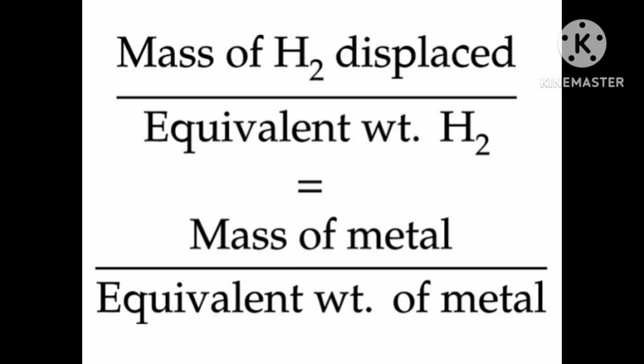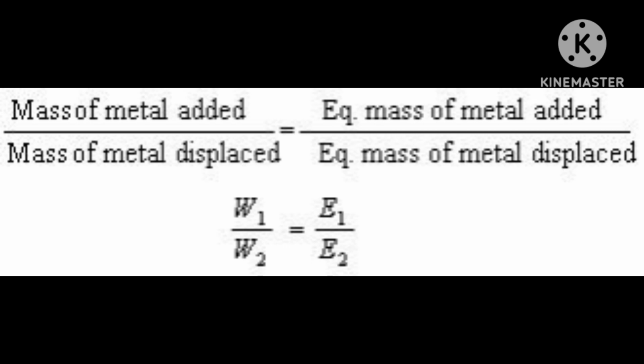Knowing the weight of the metal oxide formed, the weight of oxygen combined can be calculated. Alternatively, a known weight of the metal oxide may be reduced to metal whose weight is determined.